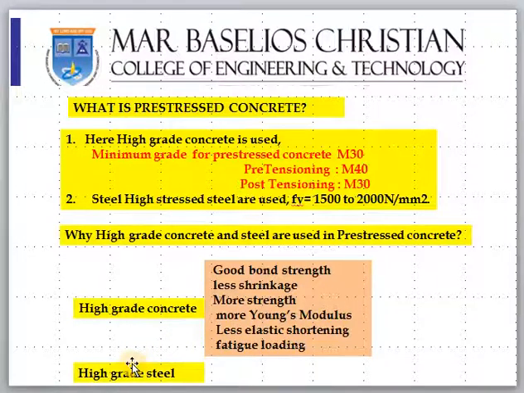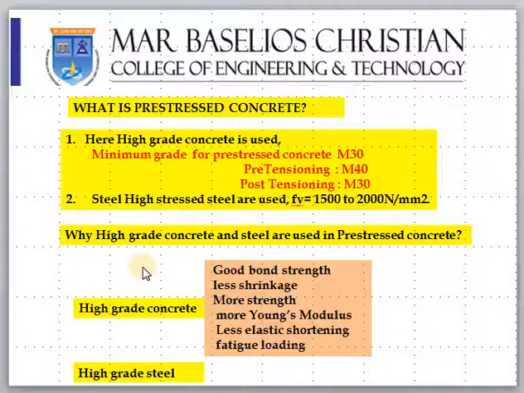And why high grade steel is used, the answer is very simple. Normally in pre-stressed concrete, initially we pull the steel. Let us say we are pulling for a stress of 1500.